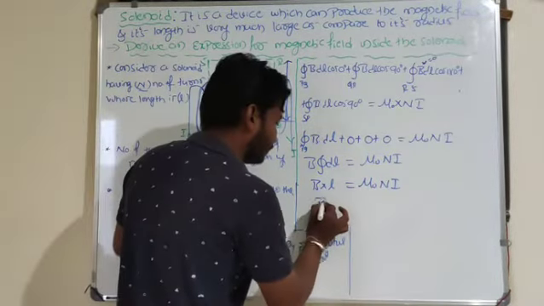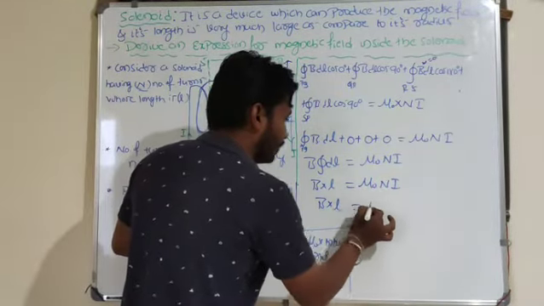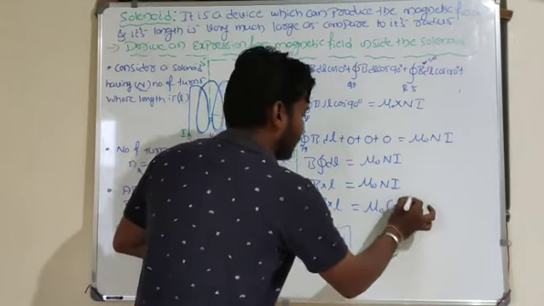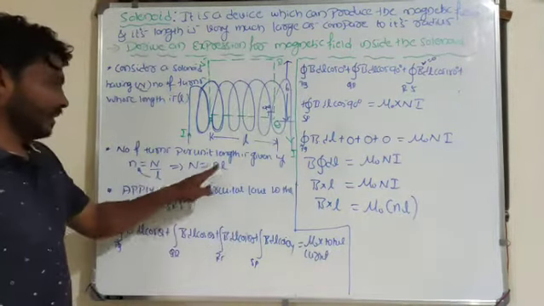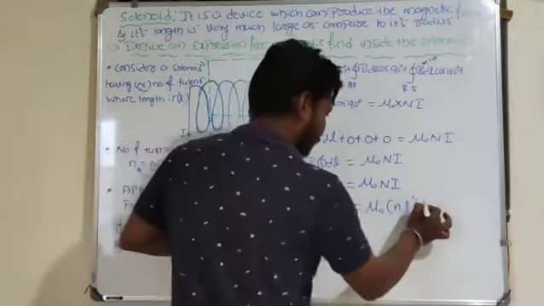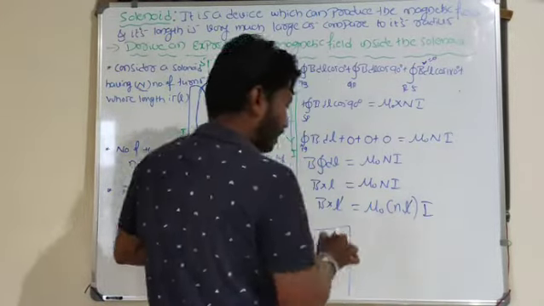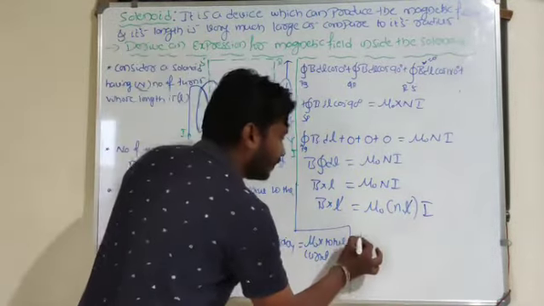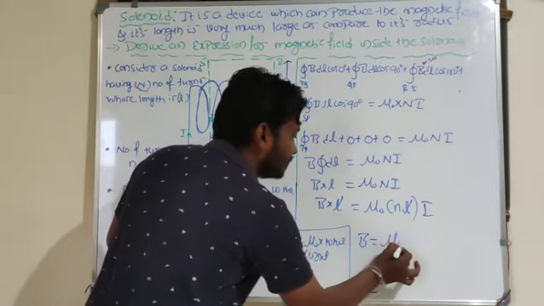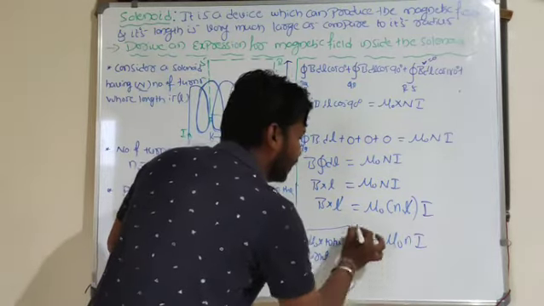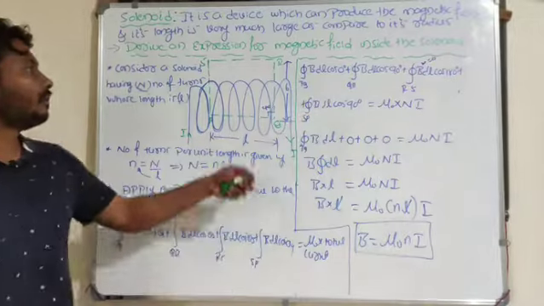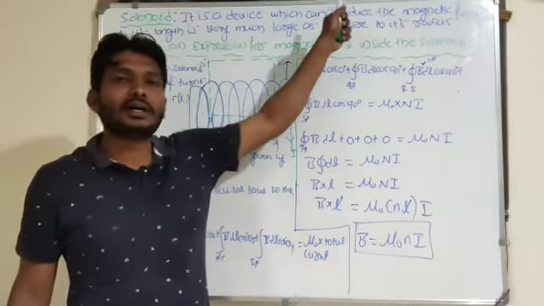Wherever capital N is there, I can take it as n into L into I. The L term will cancel out. Finally, I will get B is equal to mu naught n into I. This is the required formula for the magnetic field inside the solenoid.